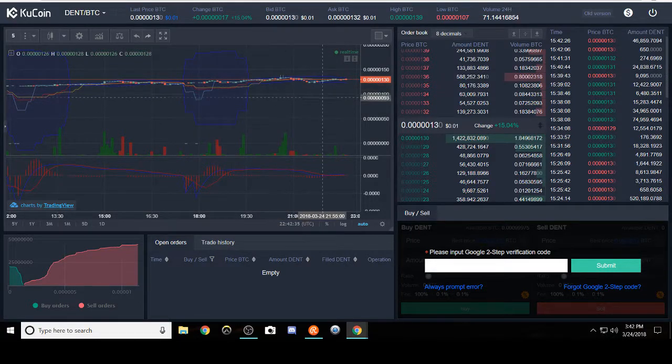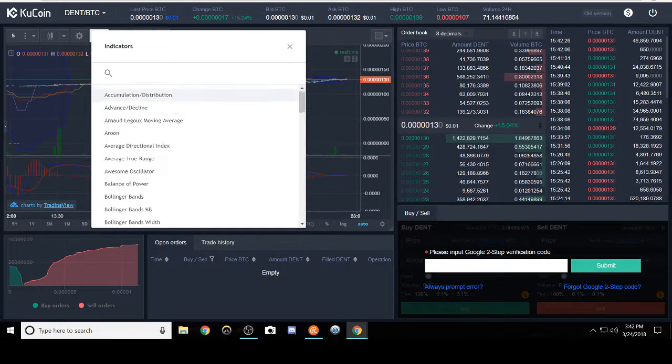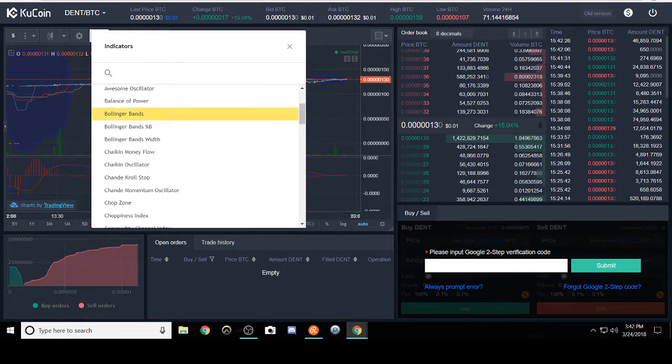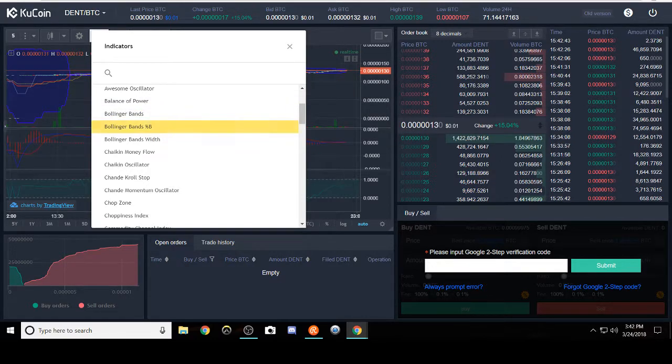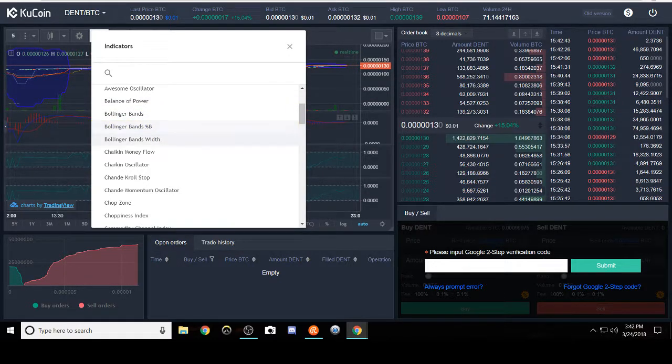Cool. Wow, this looks way different than on Binance. I'm actually probably going to move all my funds out of here and just go to Binance, I think. Let's get rid of Bollinger Bands.